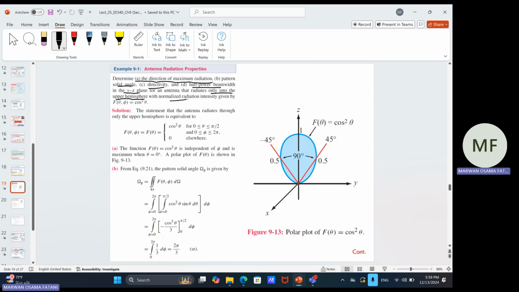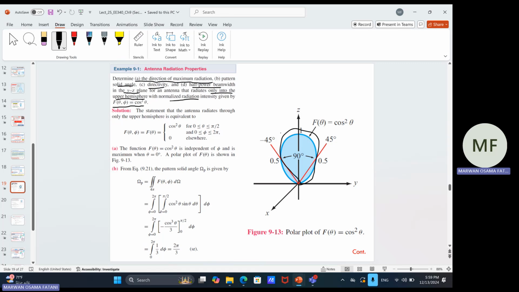With a normalized radiation intensity given by F equal to cosine squared theta. From the statement that it radiates only into the upper hemisphere, in this graph our antenna would usually have a lobe like that to complete it. But in our case, we are only going to account for the upper hemisphere, which is up here.